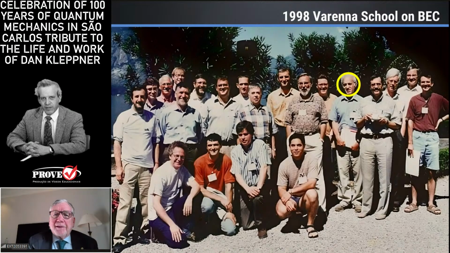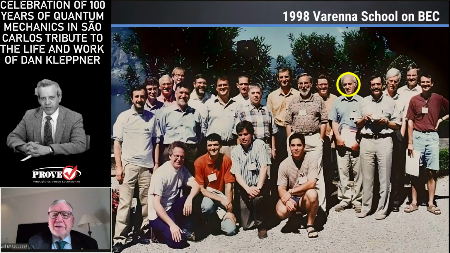Because after the spectroscopy of trapped hydrogen, as you know, Dan developed a long effort to achieve Bose-Einstein condensation in hydrogen, because the thinking was that the easiest atom in which to observe Bose-Einstein condensation should have been hydrogen because of its smallest mass.